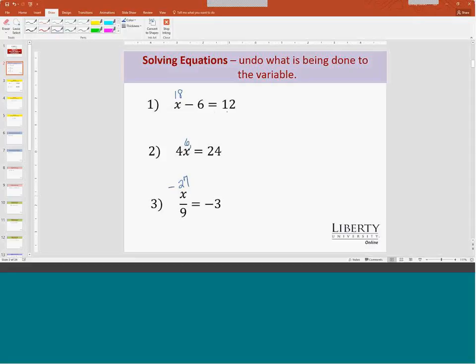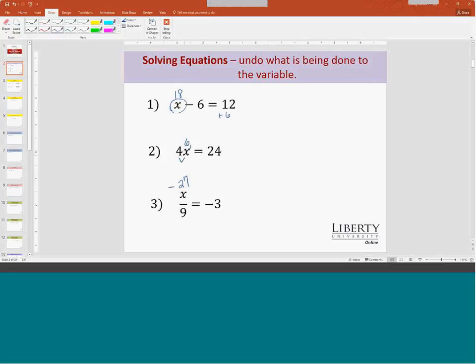But as we did in the first one, I said there is a number that, when you take 6 away, gives you 12. And I said, well, I know it's 6 more than 12. What I did was add 6 to 12 to find what x was equal to.